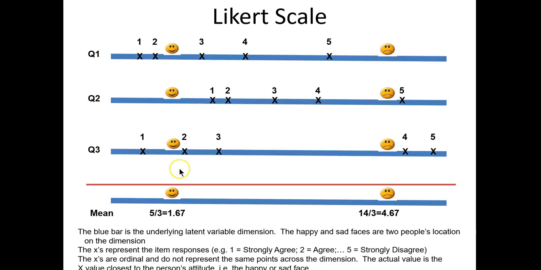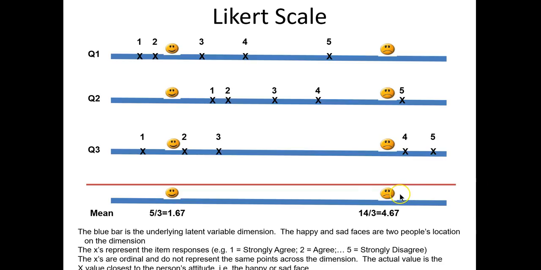And if you add up all those numbers, the 2, 1, that's 3, and 5, divided by 3, you get 1.67. That's the point on the scale. And this one over here, it's 5, and 5 is 10, and 4 is 14, divided by 3 is a 4.67. And that's what you would estimate the underlying point on this scale.